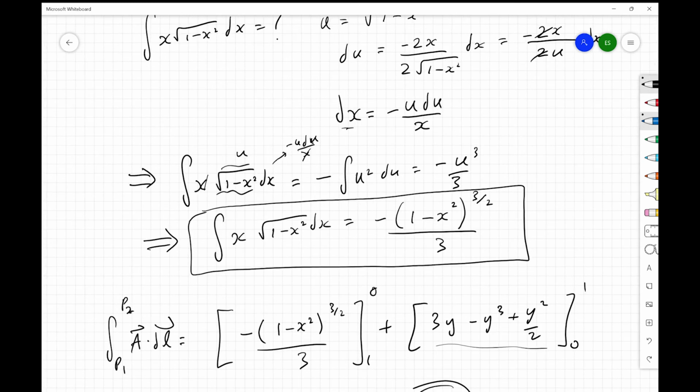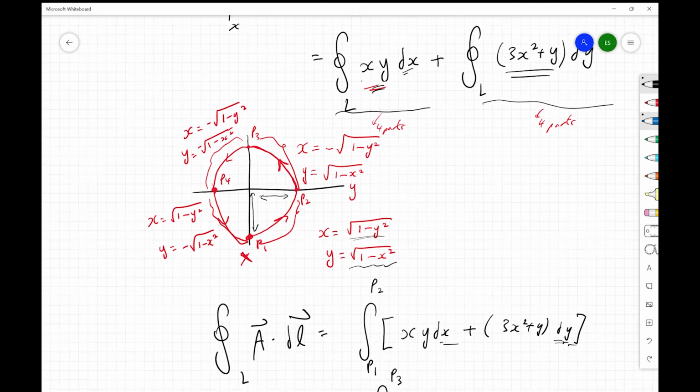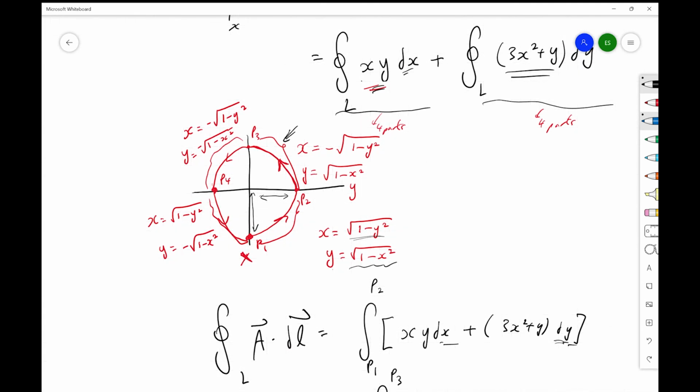Okay, for the second segment, which is this segment here, y is the same as here, so the first integral doesn't change. X, however, here is negative, right?